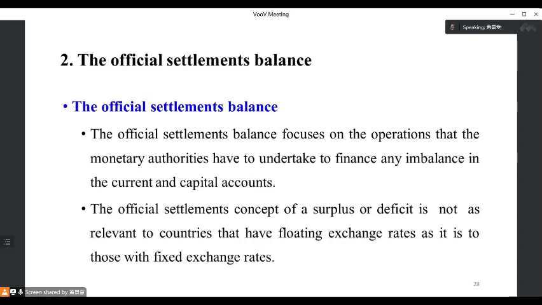The official settlements concept of surplus or deficit is not as relevant to countries that have floating exchange rates as it is to those with a fixed exchange rate.